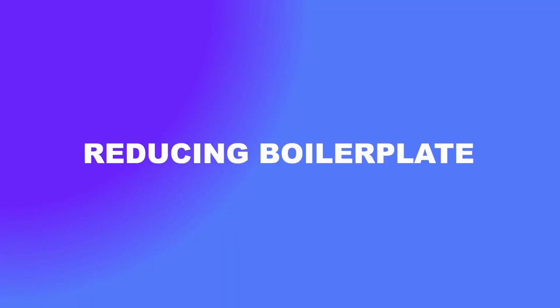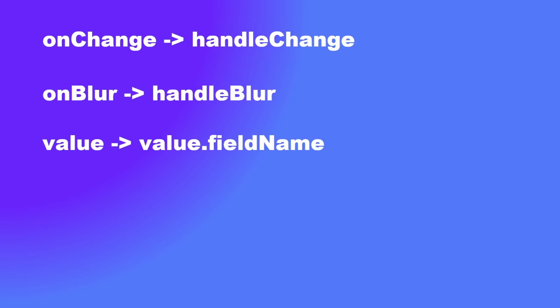I'm going to explain reducing boilerplate in very simple words. We have seen in previous videos, we have used onChange, onBlur, and value. These values we have been using in Formik. So with this reducing boilerplate, we are not going to use this one.